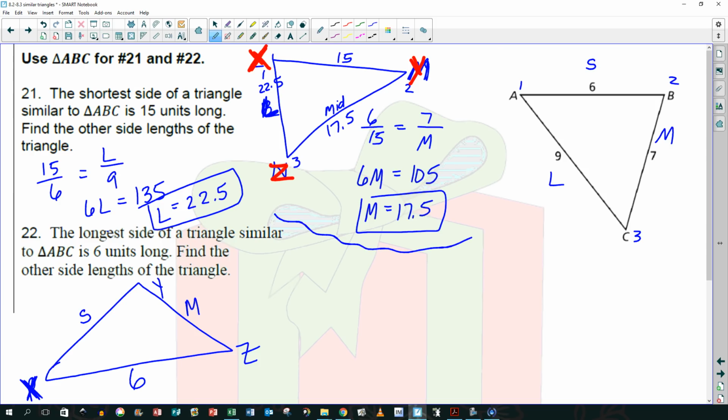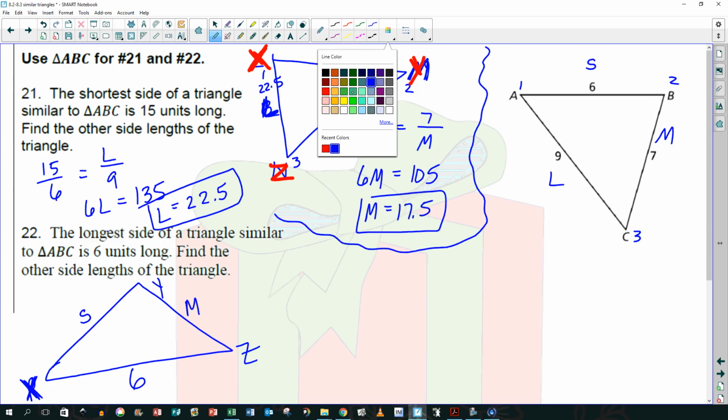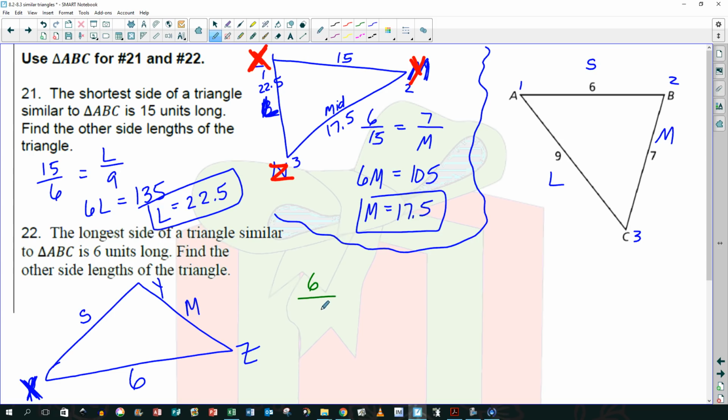So I'm going to block this off and change colors. All right, so the longest side goes with the longest side, just like the shortest side goes with the shortest side. So 9S equals 36.